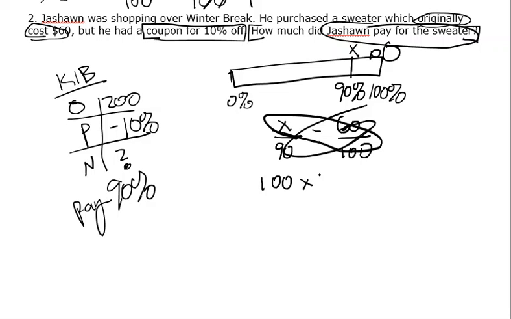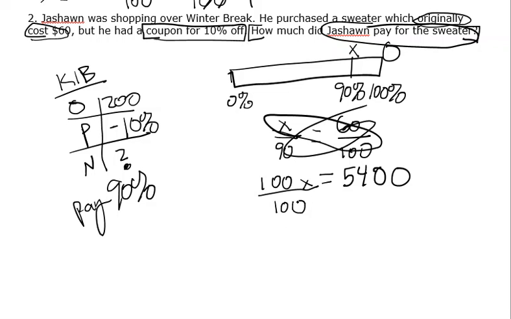Gives me 100X is equal to 5400. And how I did that in my head, I said, oh yeah, 9 times 6 is 54, and added those two zeros in there. So that's how we can do those with mental math.